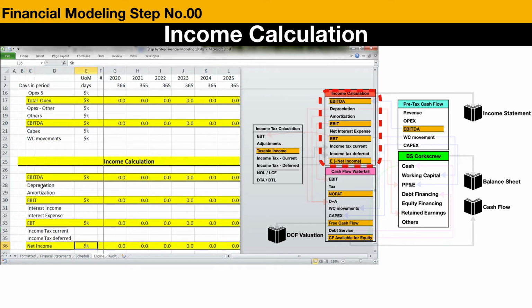This is the same as net income. We link the EBITDA from the pre-tax cash flow engine. Depreciation, amortization, interest income and expense will be linked to their respective schedules. Income taxes will be linked to the income tax calculation engine. We will later work on the formulas as we build the engines.